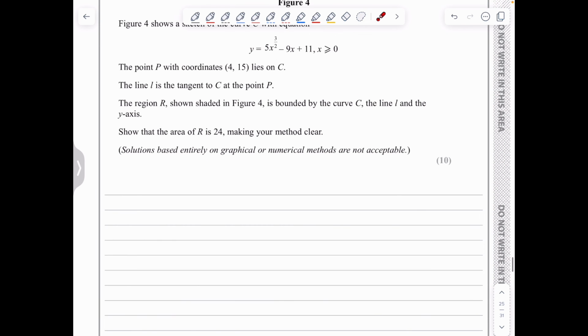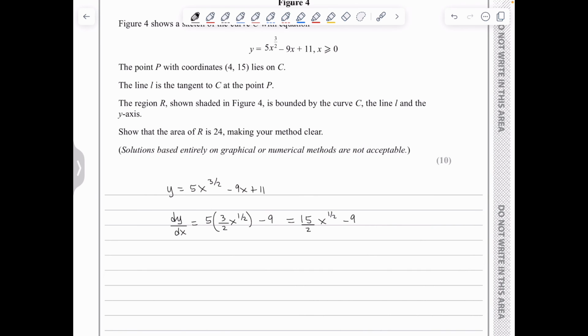So starting with the equation of the curve, y is 5x to the 3 over 2 minus 9x plus 11. We will find an expression for the derivative, so dy/dx will be 5 times 3 over 2 times x to the half minus 9, which is simply 15 over 2 x to the half minus 9.